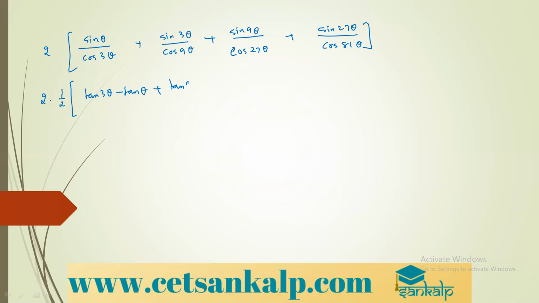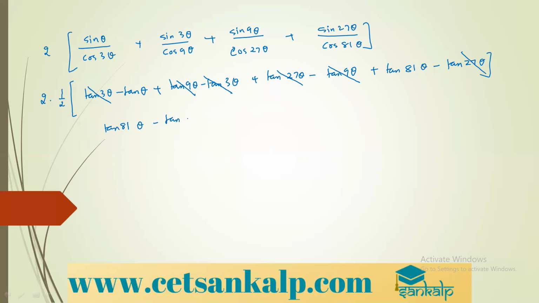Here I have tan 9 theta minus tan 3 theta. Here I have tan 27 theta minus tan 9 theta. And lastly, I have tan 81 theta minus tan 27 theta. So I can cancel tan 3 theta, tan 9 theta, tan 27 theta. So left is just tan 81 theta minus tan theta.